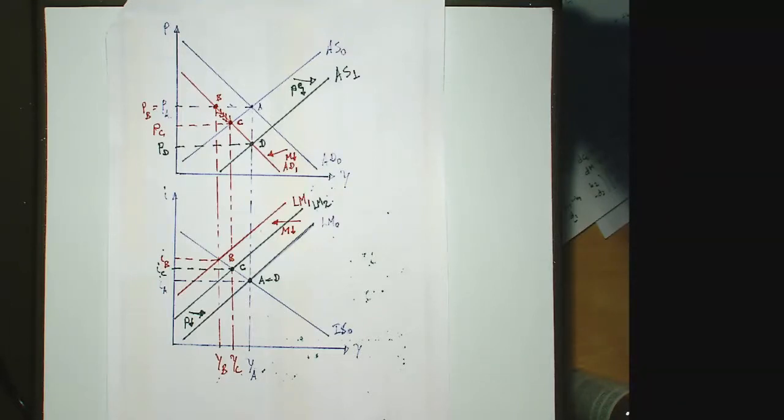If money supply reduced, then there would be a lower economic activity, so we had reduced our aggregate demand to a new curve AD1, and due to this reduction of AD to AD1, we had reached point B, which indicated excess supply, because at point B, aggregate supply was greater than aggregate demand.